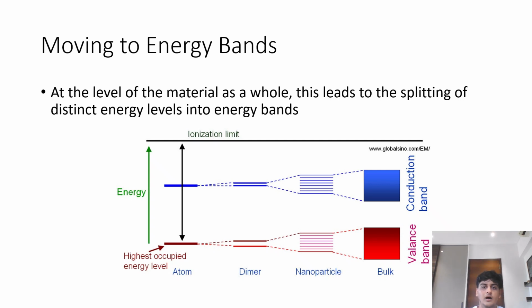Cool. So now I want to make a claim to you that at the level of the material as a whole, when you have so many atoms coming together, it leads to the splitting of distinct energy levels into energy bands. What this means is that when you have a single atom, you have one of your highest energy levels, and then your second highest energy level.